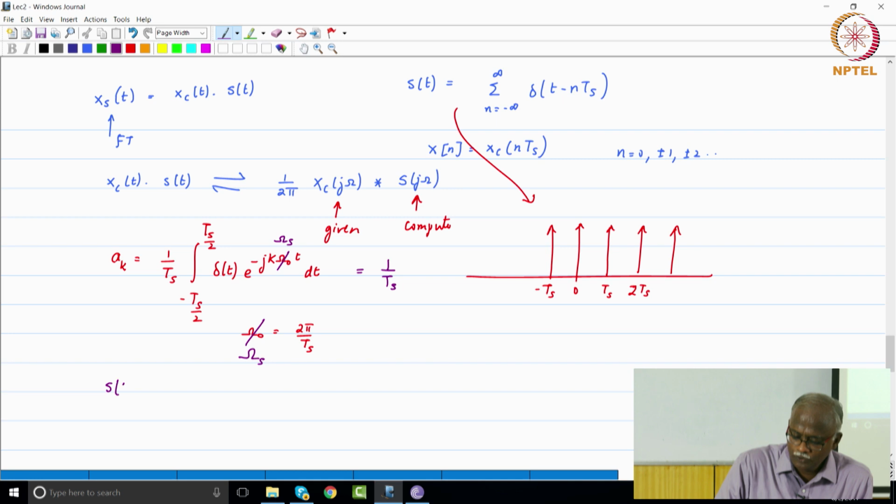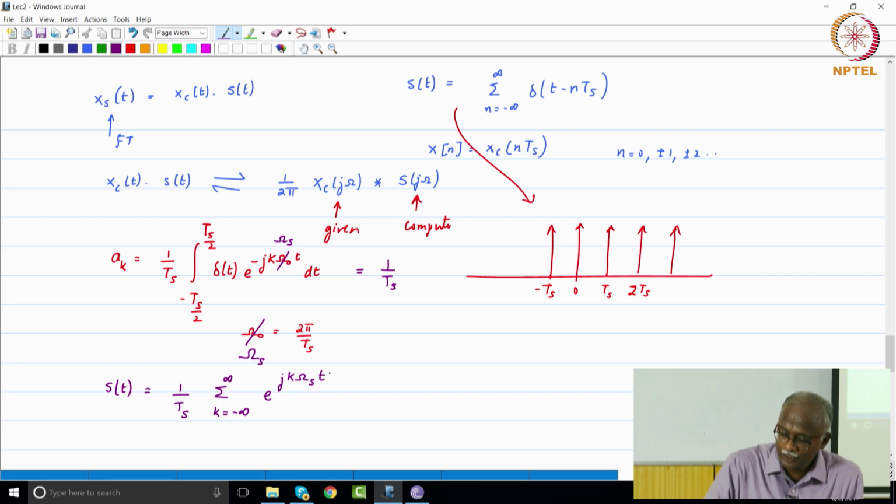So, s of t in its Fourier series representation, all the coefficients are 1 over Ts, summation k equal to minus infinity to infinity e power j k omega s t.